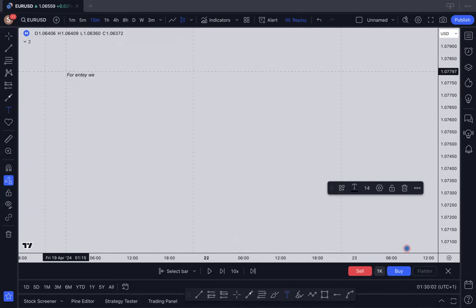For entry, we must first see a 15M/5M LC liquidated. Then we must see a 1M LC plus ENG.